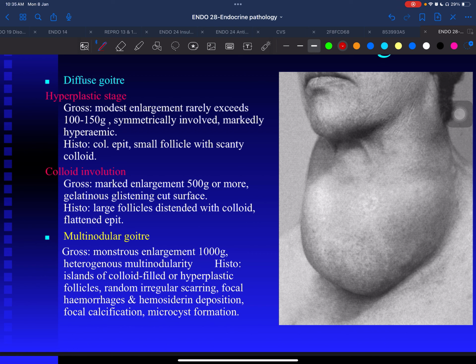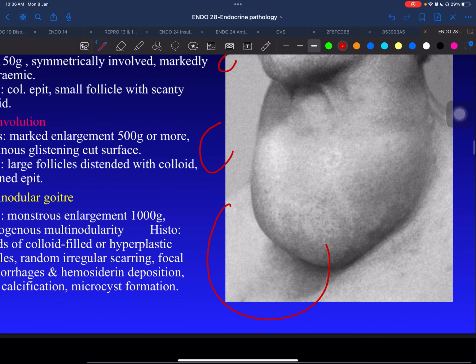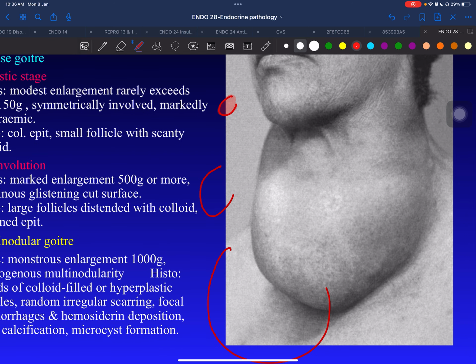But in colloid involution there is marked enlargement of goiter, about 500 grams or more, half a kilo or more just on the neck. And there is gelatinous glistening cut surface. And you see large follicles like the picture earlier, large follicles distended with colloid, and because of the large follicles, the abundant colloid will press on the epithelium of the thyroid follicles, flattening the columnar epithelium.